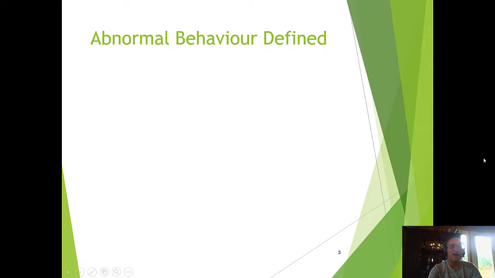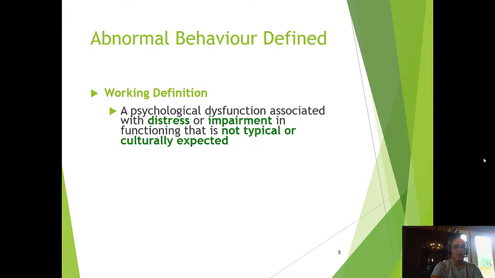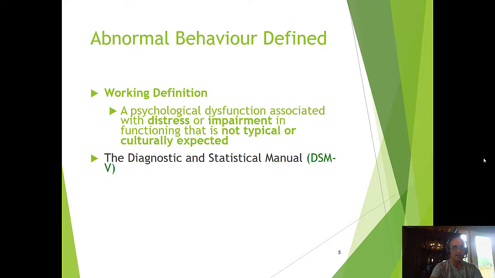So let's look at abnormal behavior defined. What is abnormal behavior? Abnormal behavior is a psychological dysfunction associated with distress or impairment in functioning that is not typical or culturally expected. So we're talking about a dysfunction that is very much outside of the norm of what would be the expected cultural norm for behavior for that individual in their particular context.